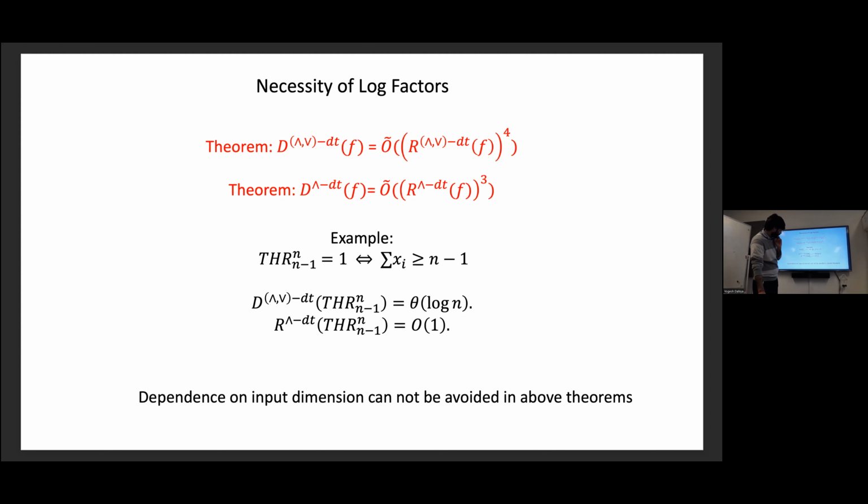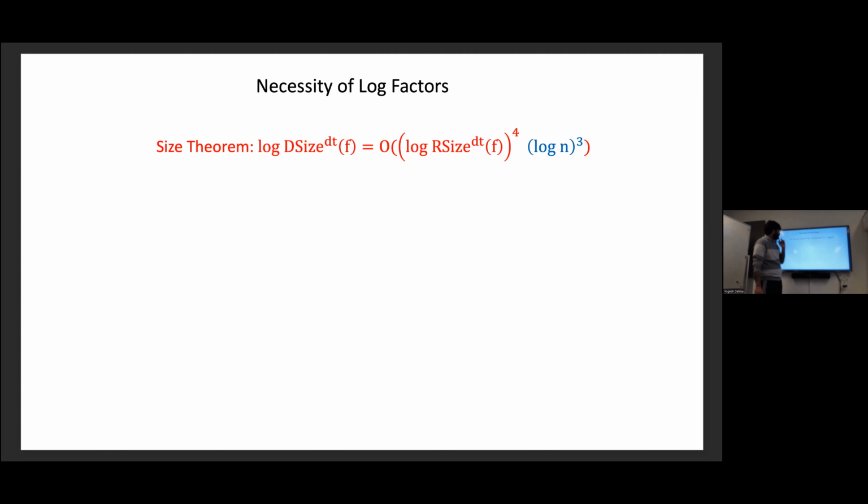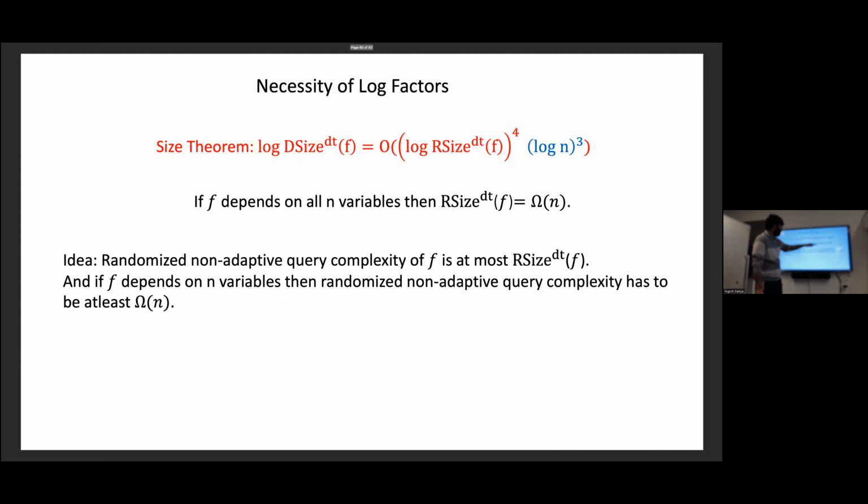And about the size theorem, we can get rid of this log n because let's say your function depends on all n variables, and that's without loss of generality because we can always reduce and start with an n such that your function depends on all n variables. For such a function, you can show that randomized size has to be omega n.